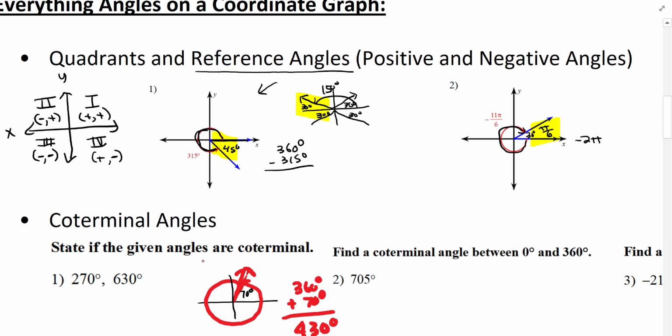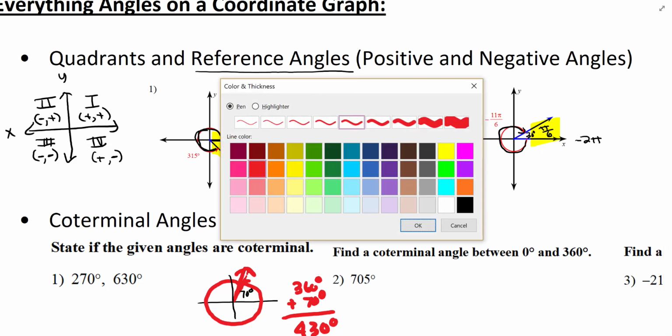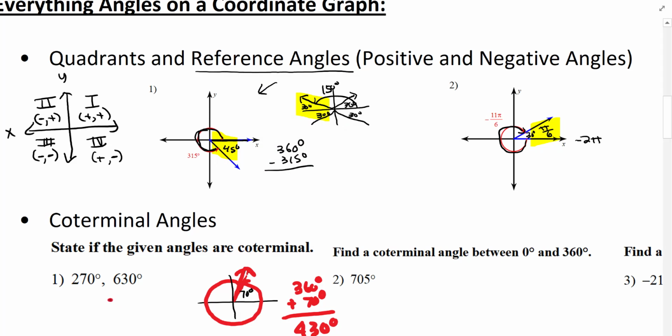And if you have to check, it's just the difference of 360. So if we had to check these two, we would just subtract 360. Oh, look, those two are coterminal degrees.